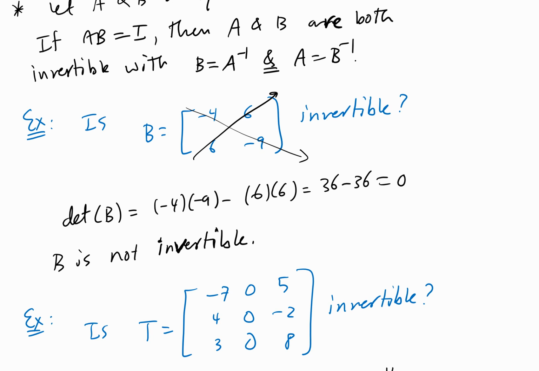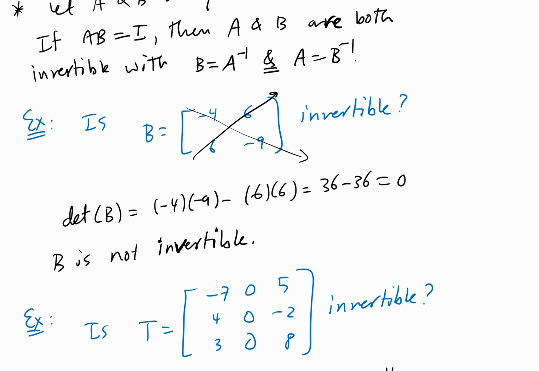Some people said no, it's not invertible, because the column vectors aren't linearly independent. The second column has all zeros, and because that column contains all zeros, the columns are linearly dependent, not independent. So it's not invertible. By which part of this theorem is it?